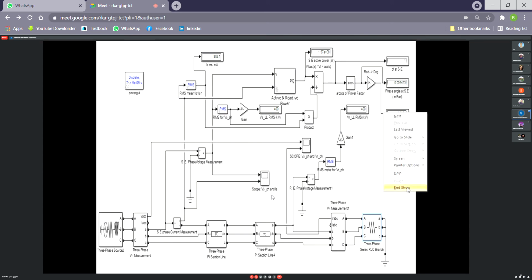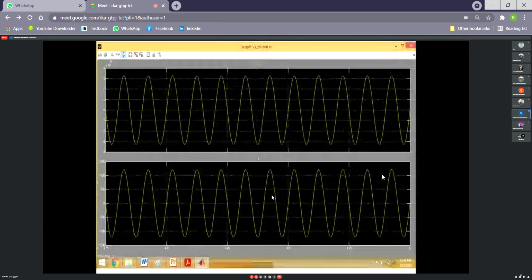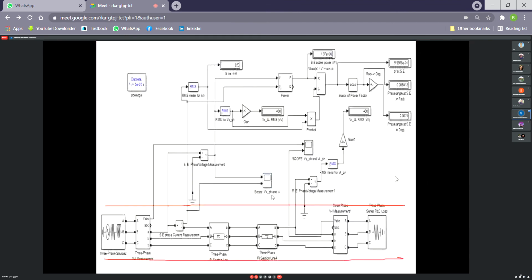What is the difference with the earlier? In the earlier case, it was series RLC load. Understood? Load means we have to specify voltage and power. Series RLC load may be purely active, purely reactive, or active-reactive.